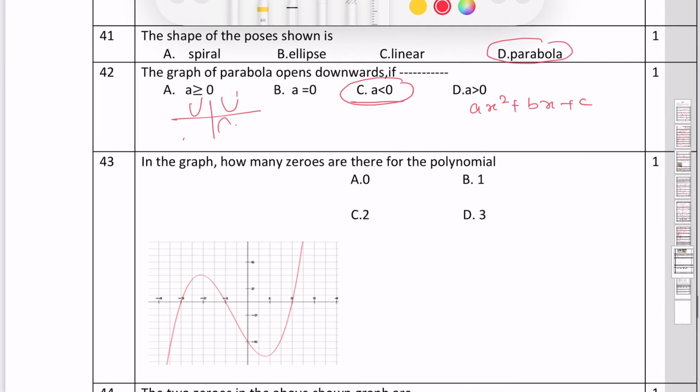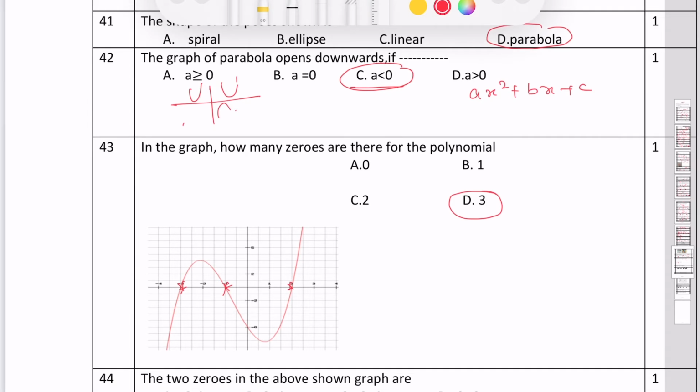We know how many times it intersects the x-axis, that many zeros are there. So here, how many times does it intersect the x-axis? Here it is 3. The 2 zeros, we have to find out two zeros.